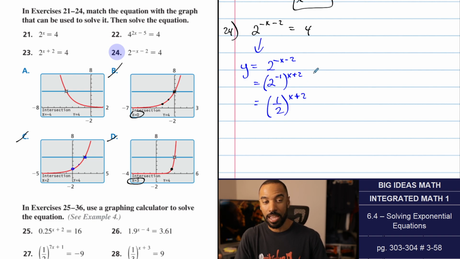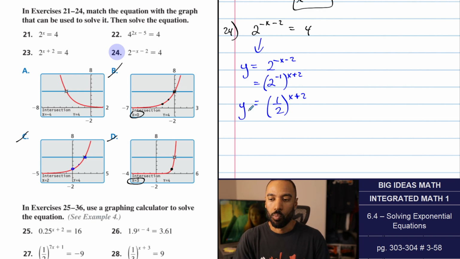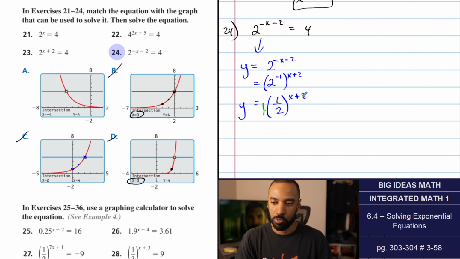Now, does graph A resemble y equals 1/2 to the x plus 2 power? Well, it probably does. 1 would be your y-intercept, except we're shifted 2 units to the left. So instead of being 1 right here, we're shifted 2 units to the left, and boom, we're right there. 1/2 being exponential decay means every time x increases by 1, we'll take half of what we had before.